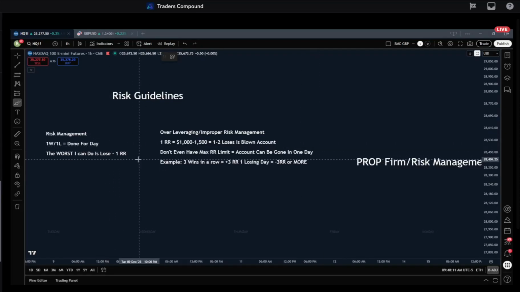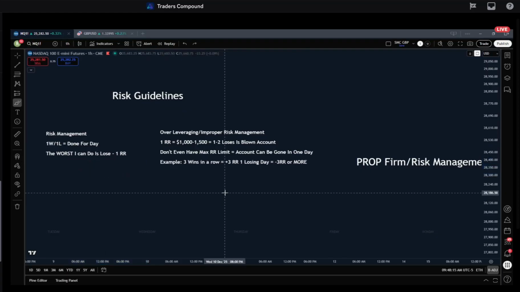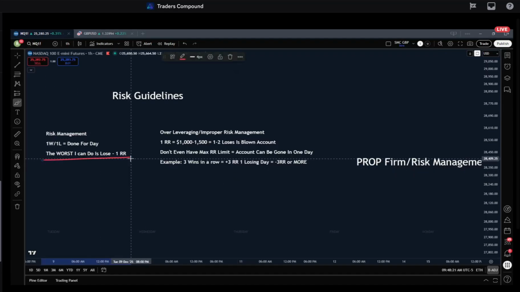What does this look like without having a risk management plan? How does your account differ if you don't have this? Well, if you don't even have a floor, if you don't have a guarantee for what you can give yourself, then you are going to screw yourself. The 4 risk that you earn throughout the week, gone because you don't have a guarantee.